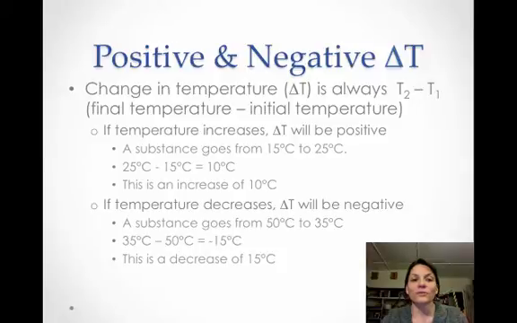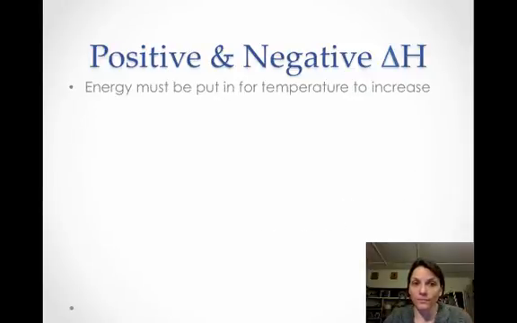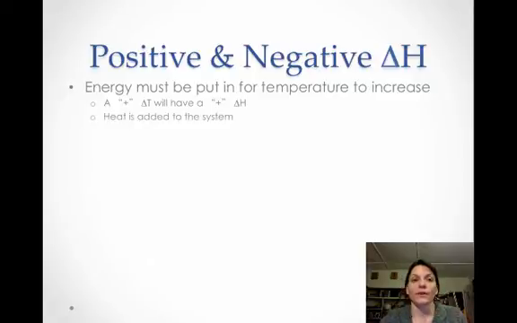All right, that doesn't seem too difficult, but that translates into the sign of delta H. If you're going to increase the temperature, you must put energy into a system. So if you're putting energy into a system, the enthalpy of that system is going to increase. Remember, we're thinking about the energy flow into or out of the system.